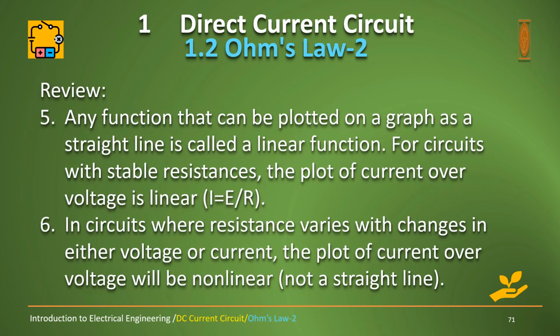Number 5. Any function that can be plotted on a graph as a straight line is called a linear function. For circuits with stable resistance, the plot of current over voltage is linear, I equals E divided by R. Number 6.